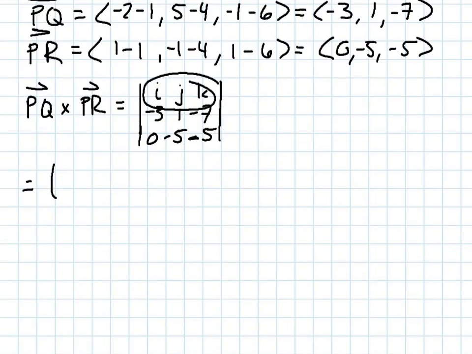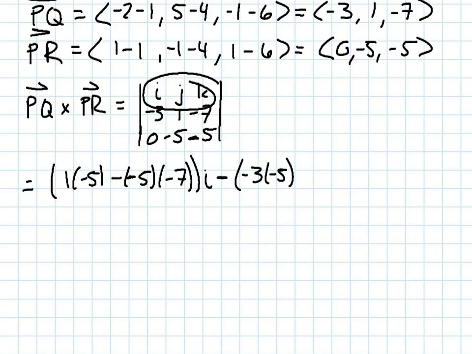The first one's positive, and then I cross out the column and row that it's in. So 1 times -5 minus -5 times -7, i, and then minus, because j is in the negative position, I get -3 times -5 minus 0 times -7, and then plus, I get 0 times 1 minus -3 times -5, k.